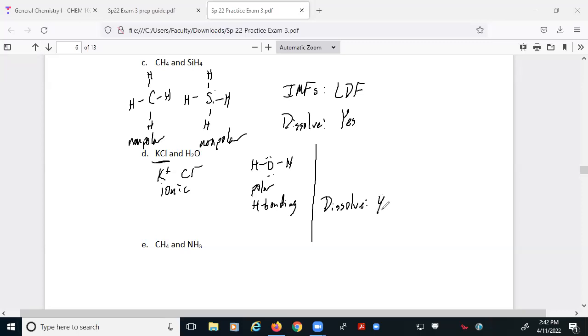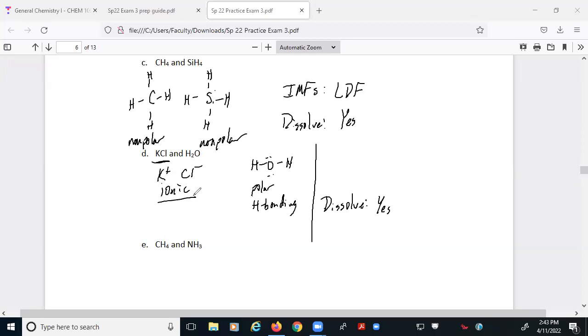Don't get yourself fooled by the fact that we didn't write the word polar here. Remember what polarity is. Polarity is the partiality of charge inside of a molecule. Well, what is an ionic compound? Instead of a partial charge, it's a complete charge. So I've got charged particles interacting with other charged particles. That's like dissolves like.